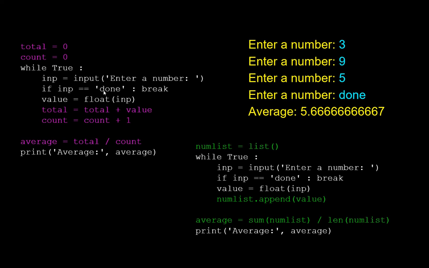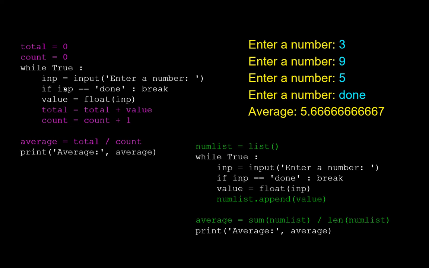If we did not get done, we continue, we change the content of our input from integer to float. We add it to the value, we add it to total, and we put it to total, and we increase the count by 1.